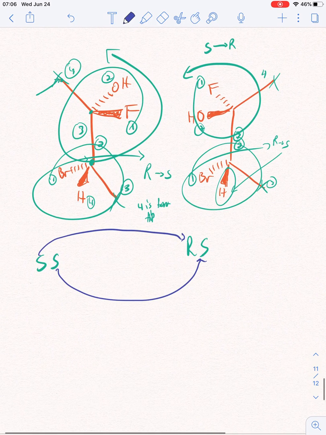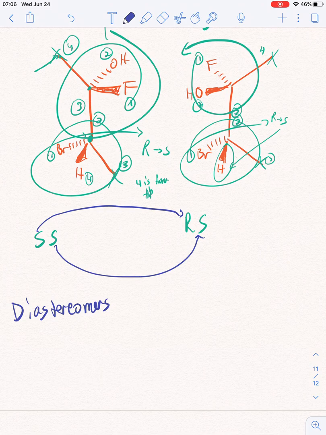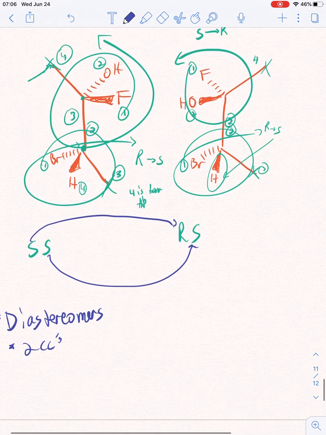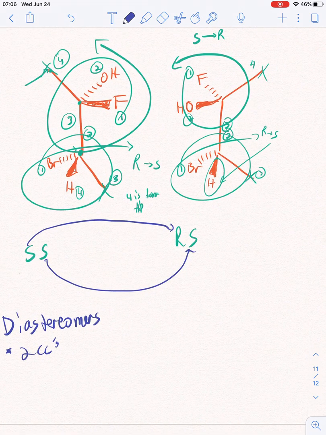Okay. Now we got to figure out their relationship. These are diastereomers, because diastereomers have at least 2 chiral centers. They also don't have to have a chiral center; there's a couple exemptions, but I'm not going to do that right now.